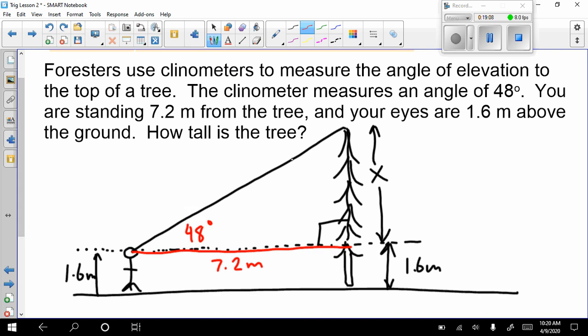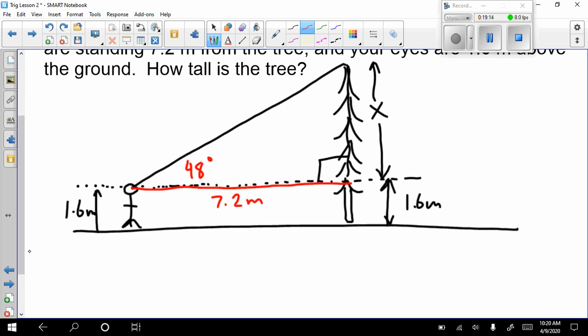It's the elevation that I'm measuring from my eyes up to the top of the tree. Okay, so relative to the 48 degrees, let's label this right-angled triangle. And so I'm interested in this right-angled triangle right here. And so the 7.2 is adjacent to the 48, and the side I'm looking for is opposite.